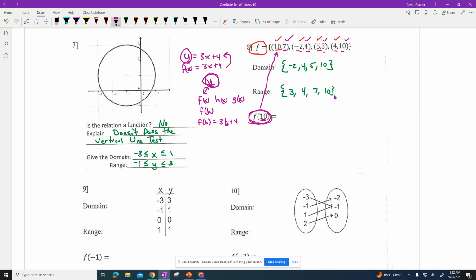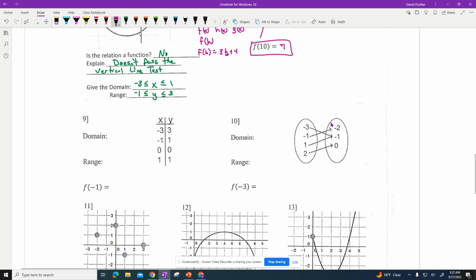There it is right there. So this is how easy it is. What's my y value? 7. That's the answer to that. f of 10 equals 7. All I did is look at my data to where the x was a 10 and found my y value. As soon as my pen starts writing here, there's the answer for that guy. That's how easy it is.